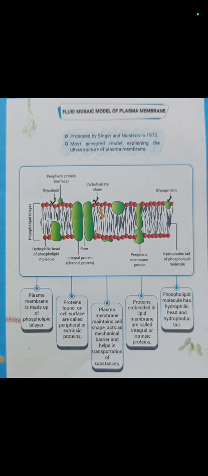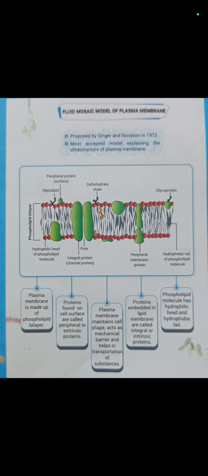So that's also important. Now see the functions of the plasma membrane. Function is secretion. They help in secretion of substances. They help in cell growth. They help in cell division. They help in junction formation. Yes, junction formation is required for the movement of substances from one cell to the other cell.